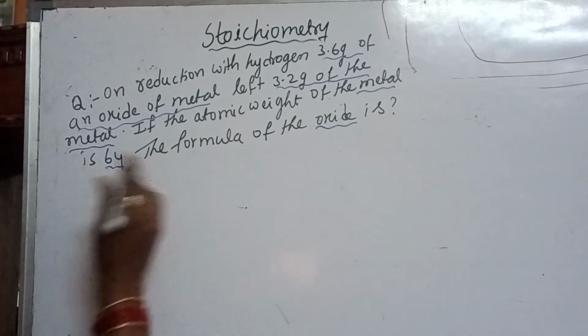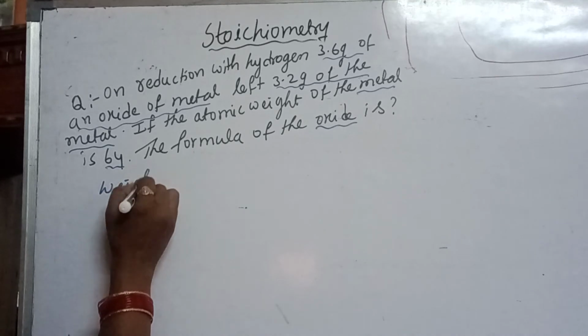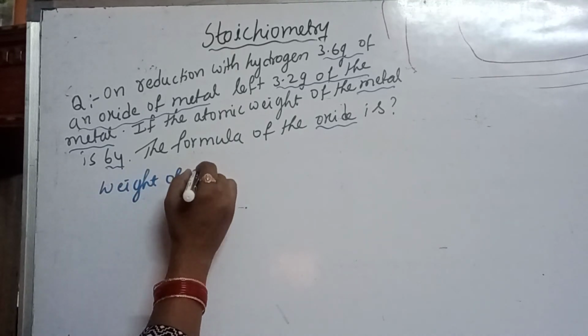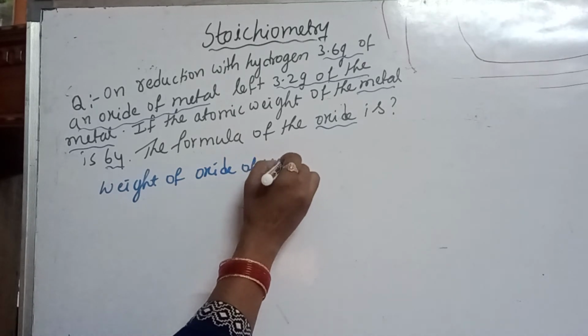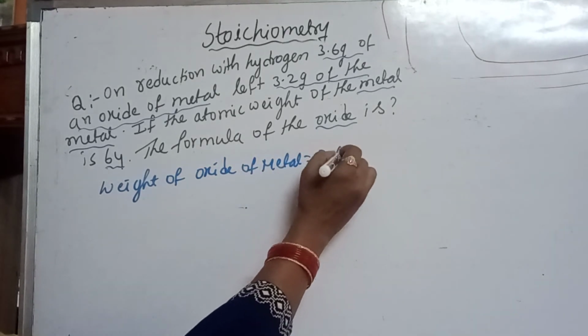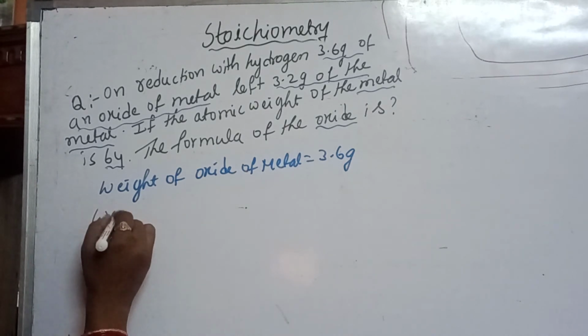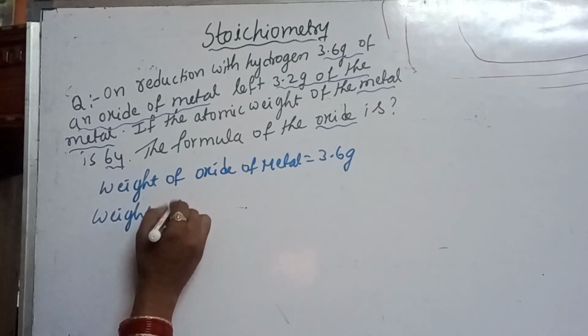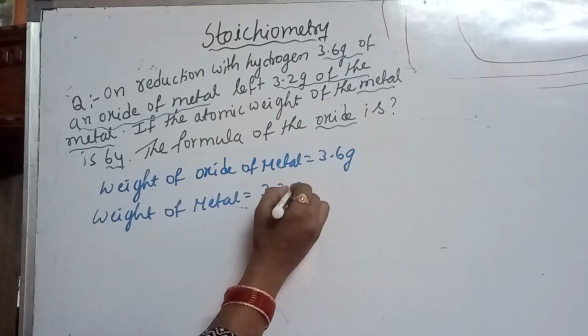How? First of all, the weight of the oxide of the metal is given as 3.6 grams. Then the weight of the metal is also given, 3.2 grams.